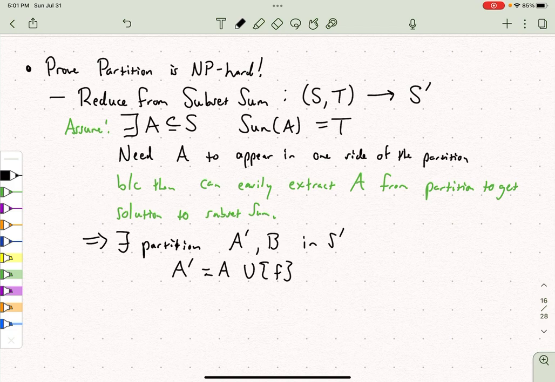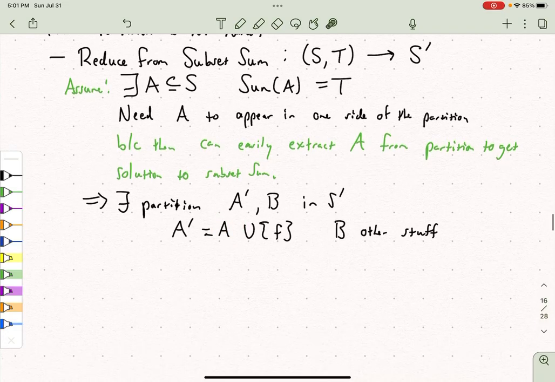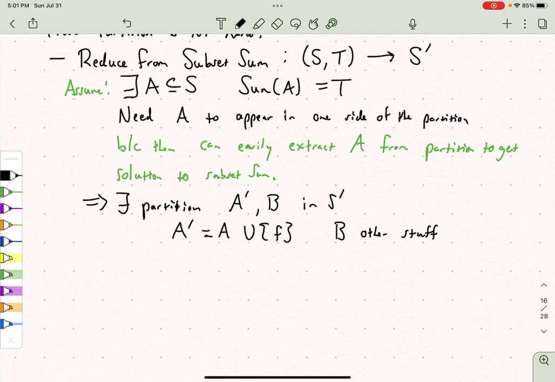That way we can easily identify that extra thing and remove it. And then B is just some other stuff we don't care about. So then if I gave you the solution to partition, you can simply get rid of the element F, and that gives you your subset sum solution. So this is what we want.